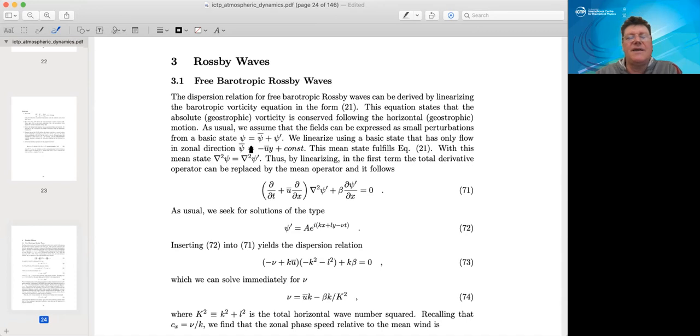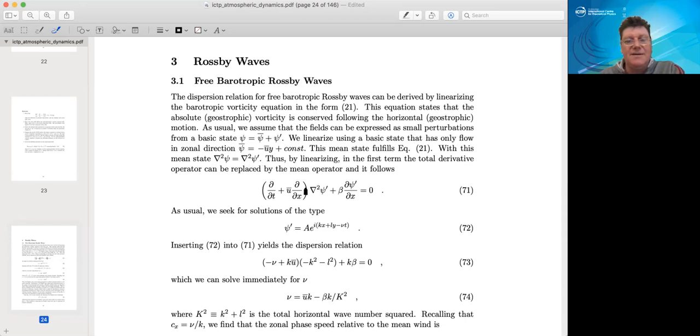Then this has another nice property that makes things much easier. If we apply the Laplacian to this quantity here, this is 0. So that means that the Laplacian applied to the stream function is already equal to the Laplacian applied to the perturbation stream function.